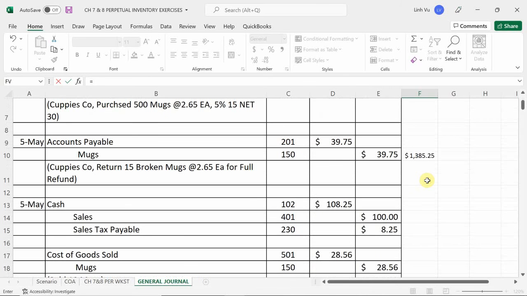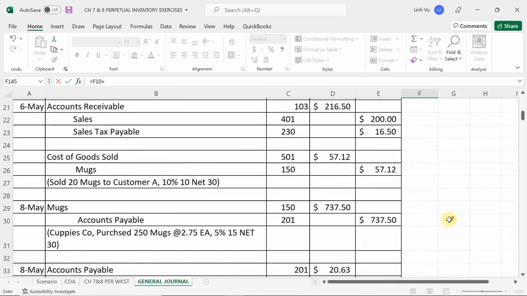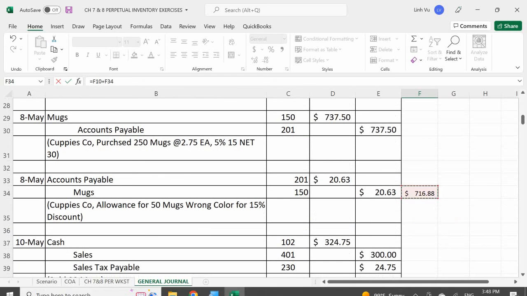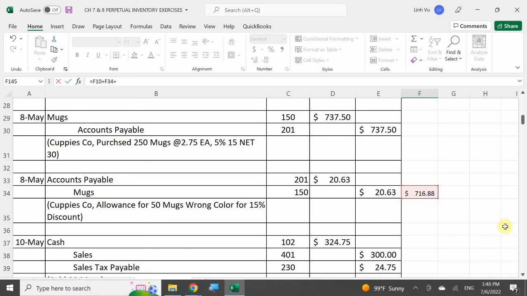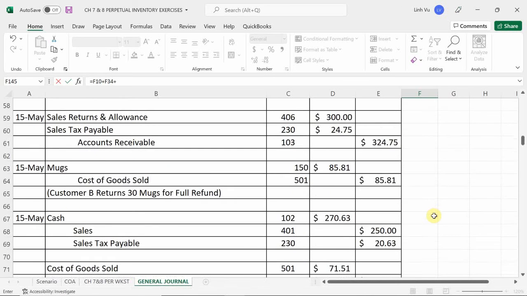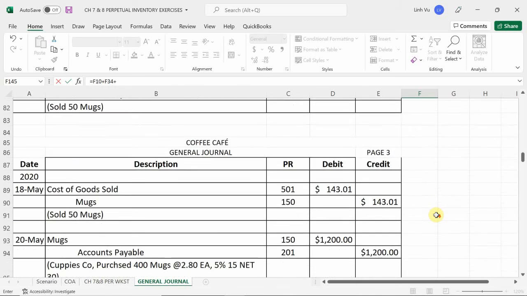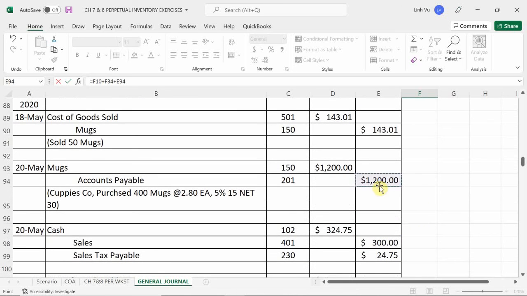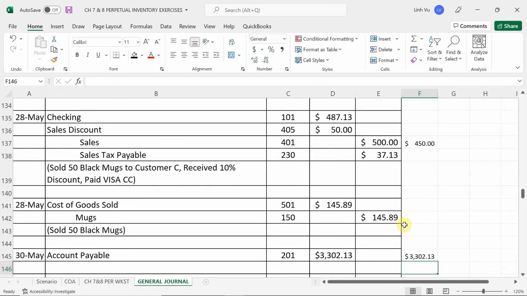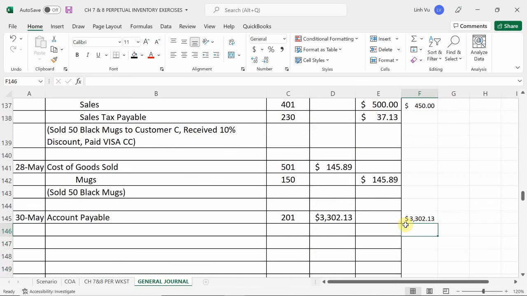Let's double check our work just in case I calculated it wrong. So we got 1385.25 plus my 716.88 plus $1,200. Okay, because that was my purchase, no returns or anything like that, for $1,200. So that should give me my $3,302.13. Okay, so that's how much money I owe to Cuppy's Co.